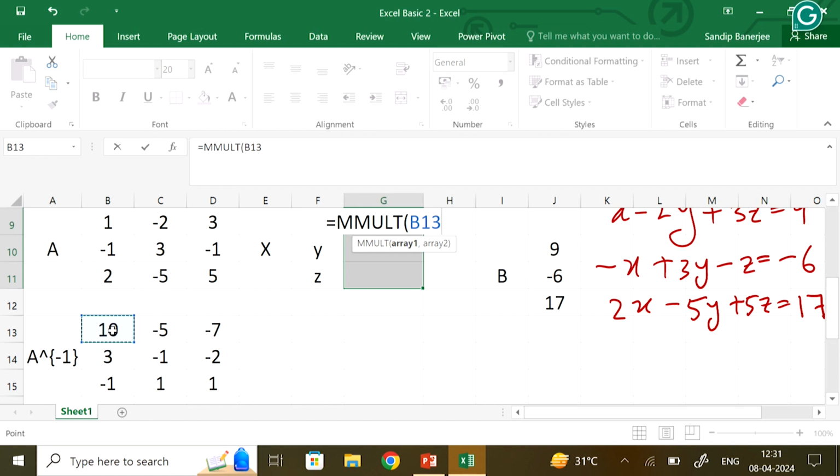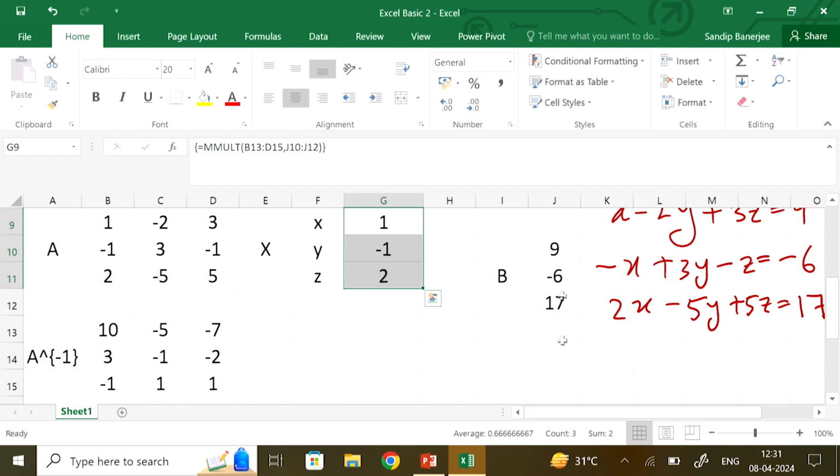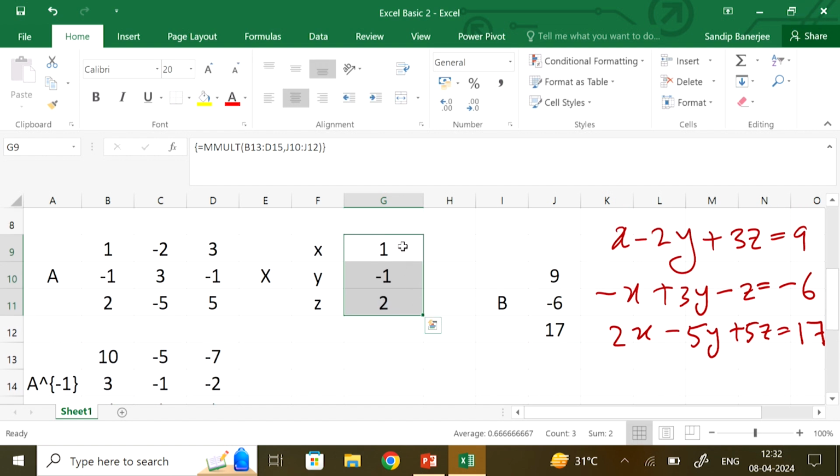So I highlight this array, give a comma, come to B, choose the array, close. Now to get the answer, Control, Shift and enter. So you get the value to be 1, -1 and 2.